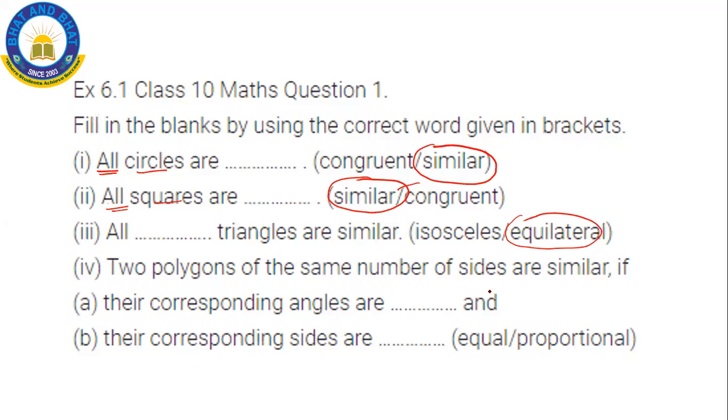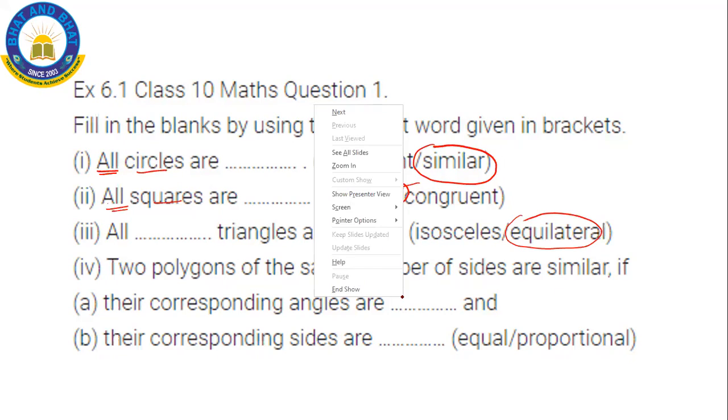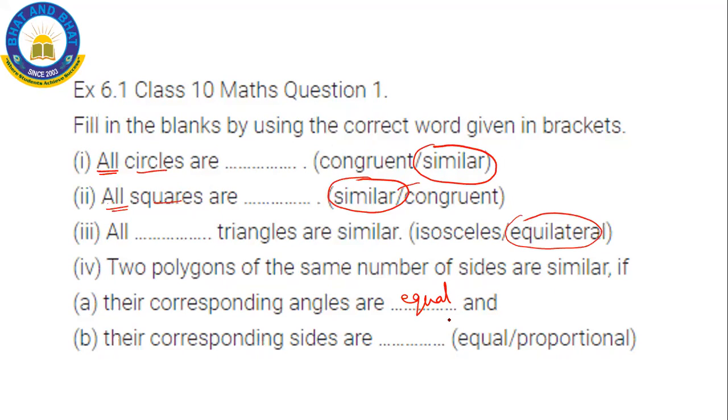Next, fourth subpart. Two polygons of the same number of sides are similar if their corresponding angles are, this is nothing but the definition of similarity. So what should their corresponding angles be? Their corresponding angles should be equal, correct?